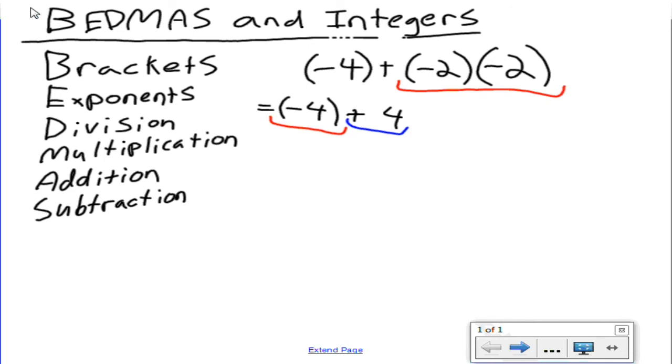So -4 plus 4 equals 0. So this is a really basic example of using integers with BEDMAS. We're going to take it to another step now.